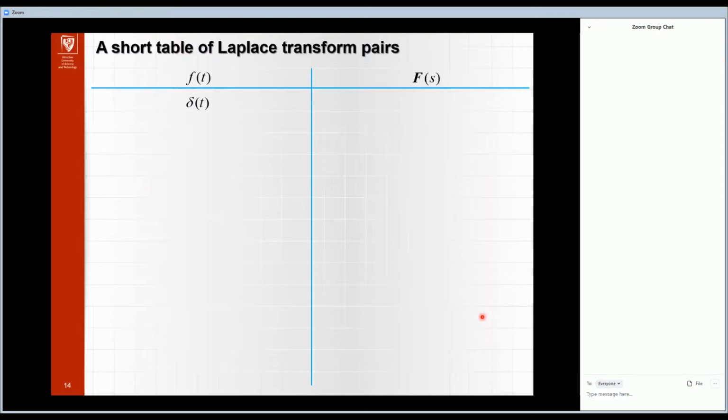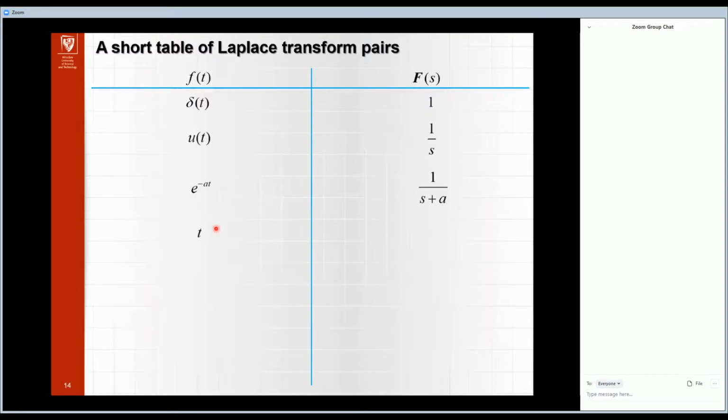Okay, so we know delta f is F(s) equal, in the s domain, to just 1. But the unit step function's transformation is 1 by s. A e to the minus at is just 1 by s plus a. So it is important that when we multiply by this function, in the s domain we just shift by the same factor.